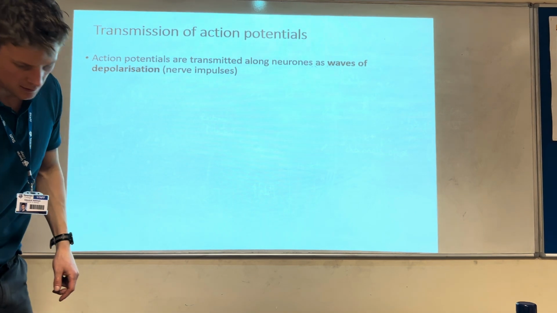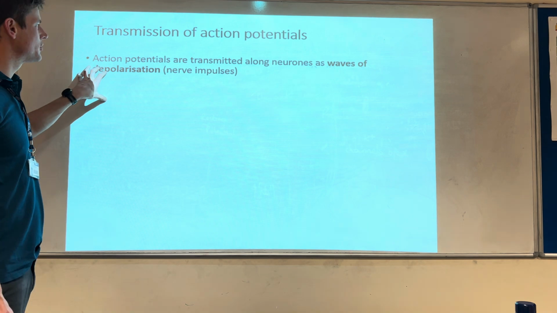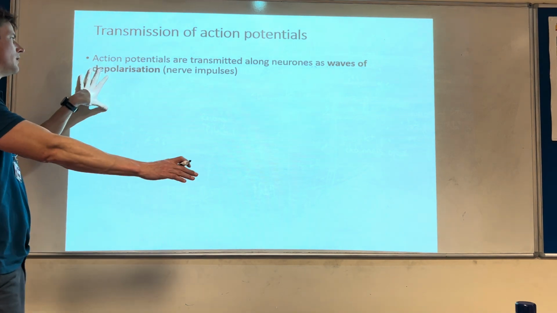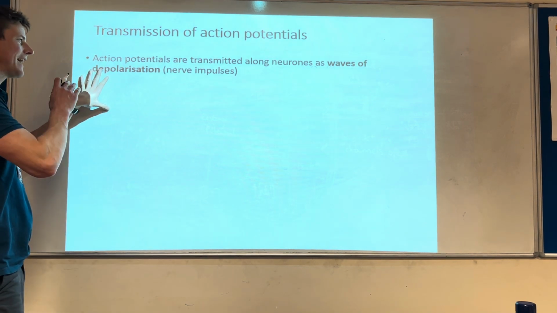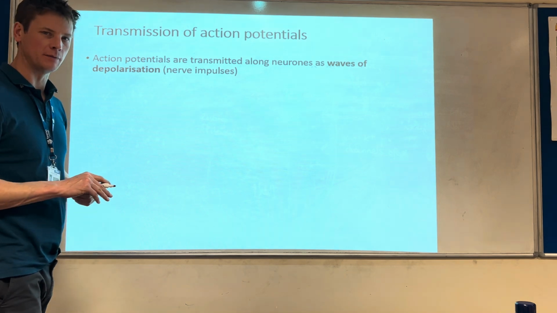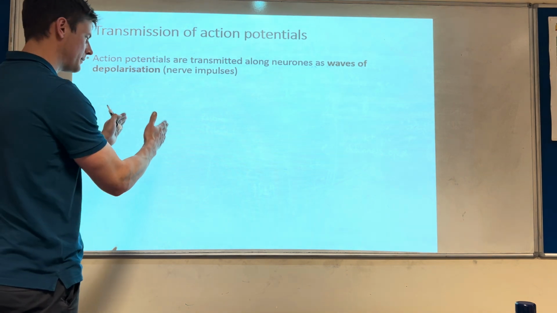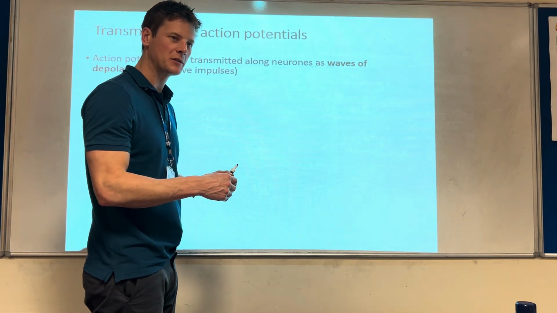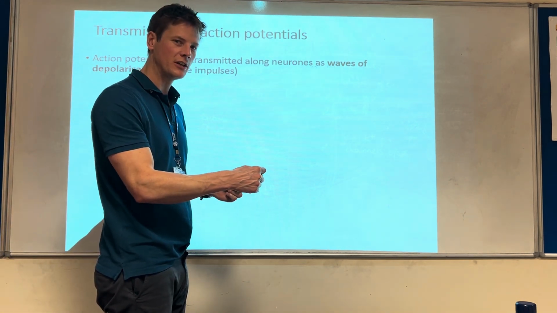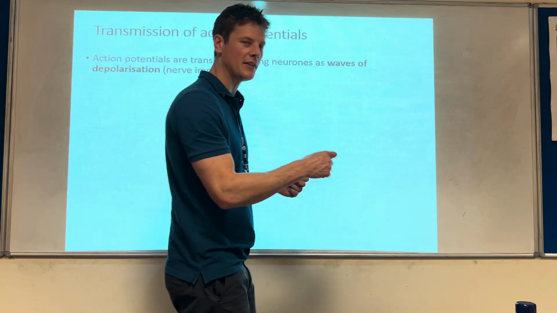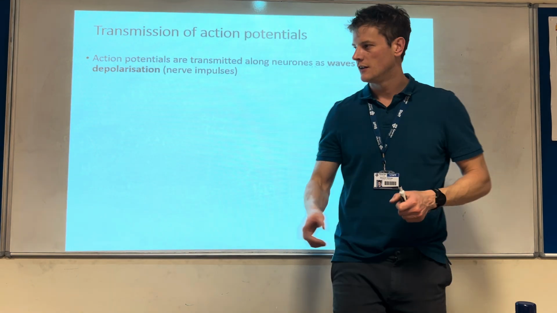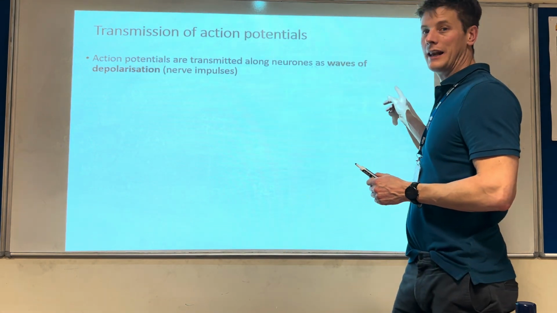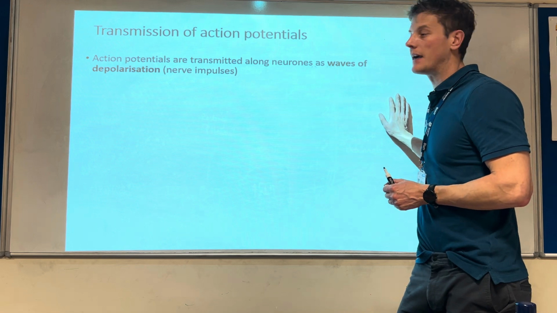So, action potentials are transmitted along neurons as waves of depolarization. Meaning an action potential occurs in one place, that stimulates the action potential in the next region in the membrane, and then the next, and then the next, along the whole length of the axon.